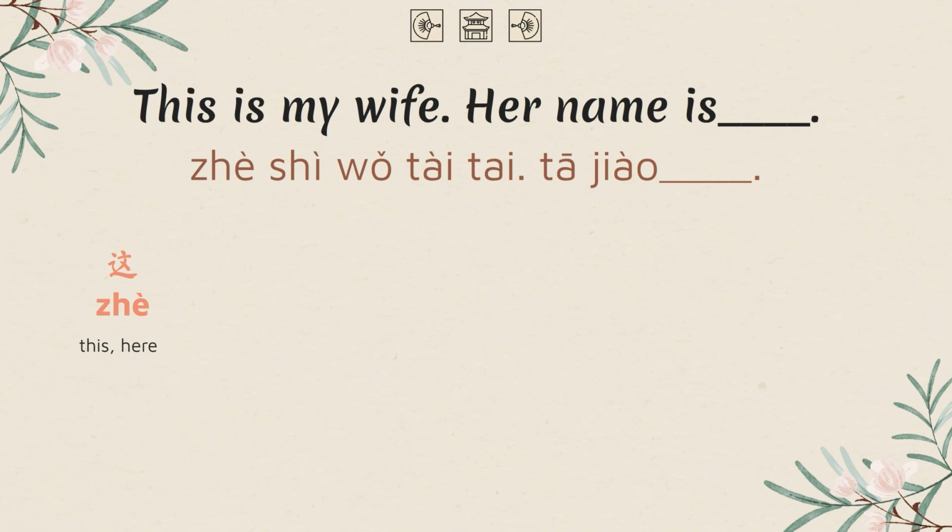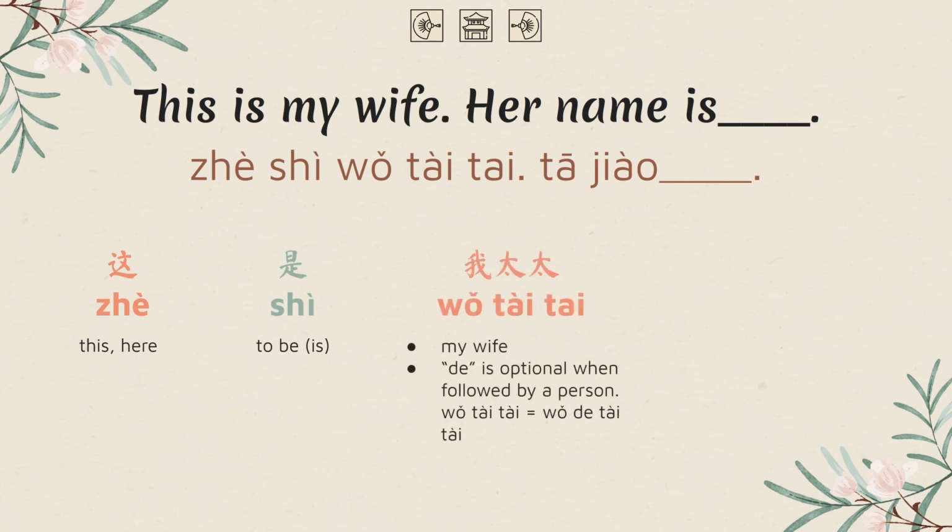So in this case, it means this. 这 It's like saying the word jerk, J-E-R-K, without the K. 这是 means to be, here it means is. So 这是 means this is. 这是我太太。So 我太太 is the shortened way of saying 我的太太, since the 的 can be dropped when it's followed by a person.